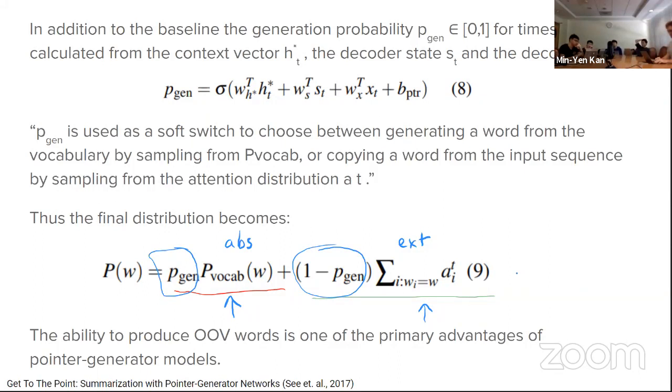Again, if I say novel coronavirus in some text article, the language model has never seen it. It's out of vocabulary for the language model, but it's present in the source text. So they're basically saying OOV is something that you can extract from this rather than abstract and dream up from the language model.